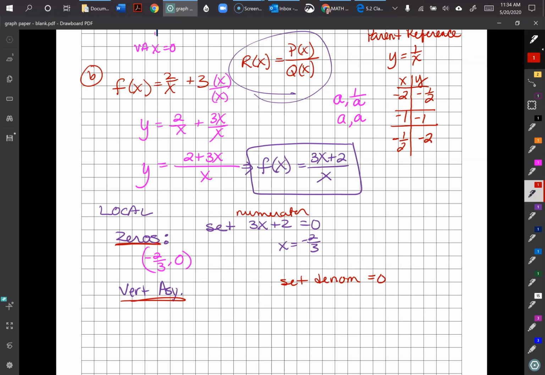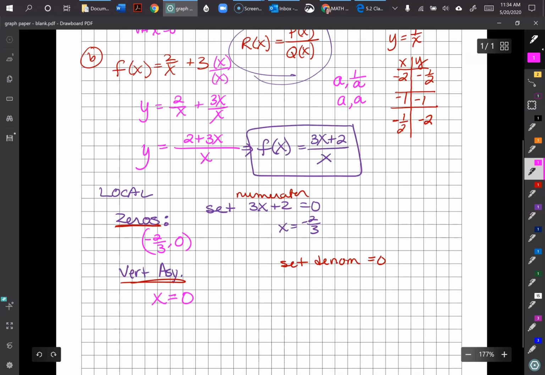We always write this as an equation because we're looking up here. So it's always x equals something, right? So x equals 0 in that case. And then we're going to look at the holes.